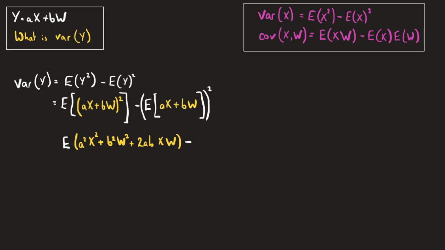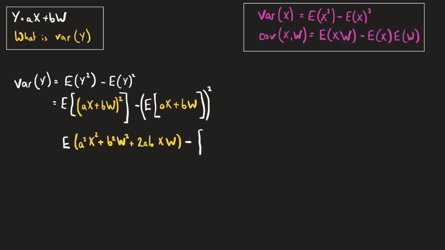We also have this second term, the expectation of ax plus bw, which we're going to square. Now, we're going to use one of our rules of expectations, and we know that the expectation of a sum is the same as the sum of the expectations. So we can split this expectation up into two separate parts.